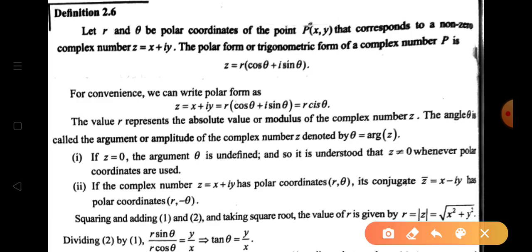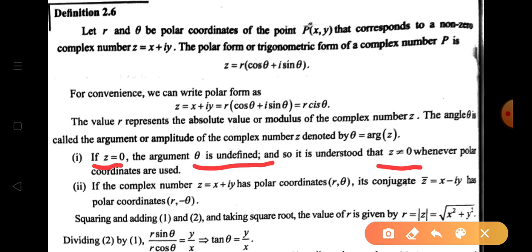If z equal to 0, the argument theta is undefined, and so it is understood that z not equal to 0 wherever polar coordinates are used.